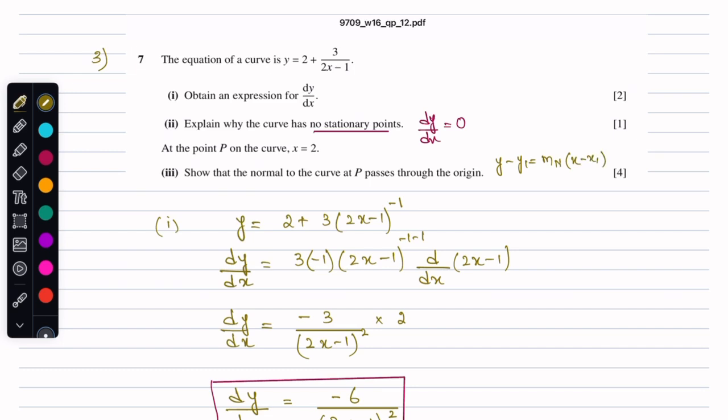So I should know y1, x1, and the gradient of the normal. They have given us this x, which is 2, so I can have this as my x1. To get y1, I will substitute this x equals 2 in the curve equation. And to get the normal, I will use my differential equation here. So let's start working on it.